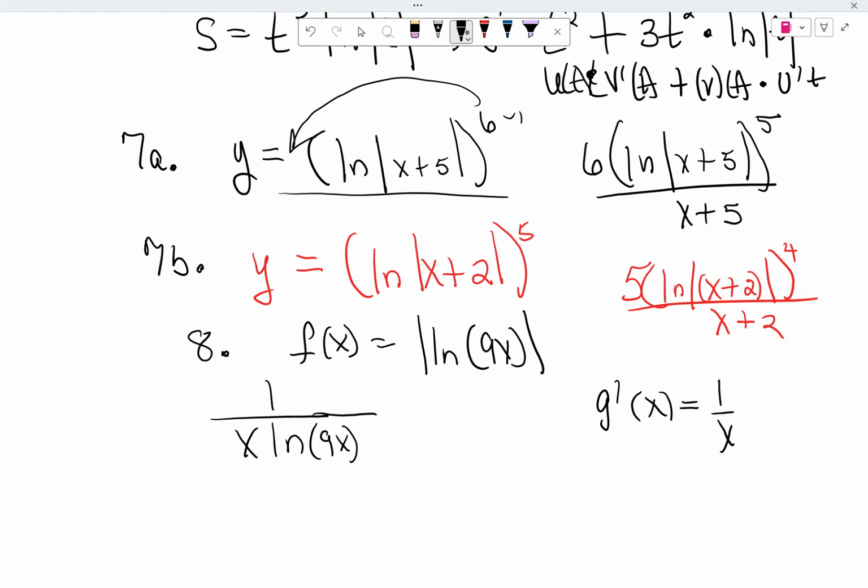I actually forgot to mention that this is natural log times. That's why we end up with 1 over x times 1 over natural log of 9x.